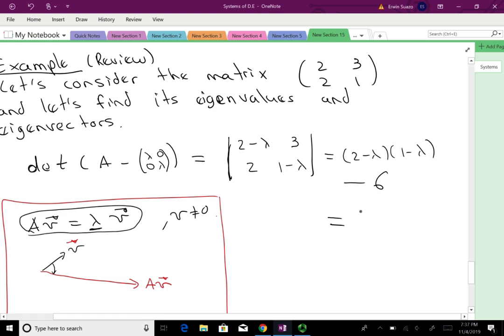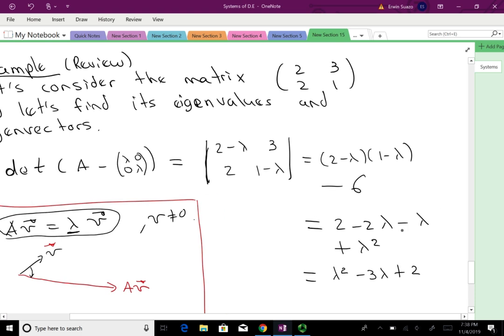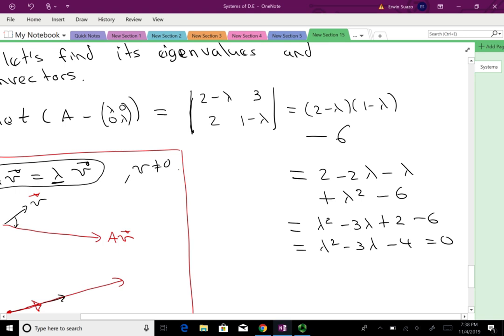I'm getting 2 minus 2 lambda minus lambda plus lambda squared. So that gives us lambda squared minus 3 lambda plus 2, minus 6. I forgot the 6. So I get lambda squared minus 3 lambda minus 4. I make this equal to 0. That's how you find your eigenvalues.